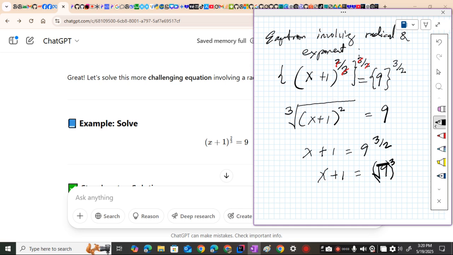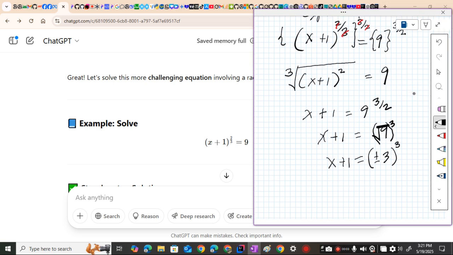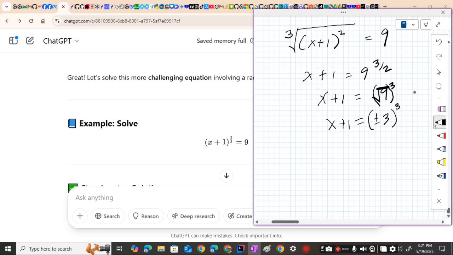Now, we recognize that the square root of 9 is positive negative 3. And all we need to do now is raise this to 3. Now, let's try to scroll down to have more space.